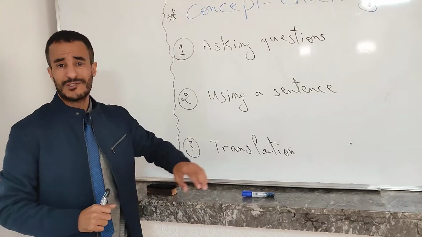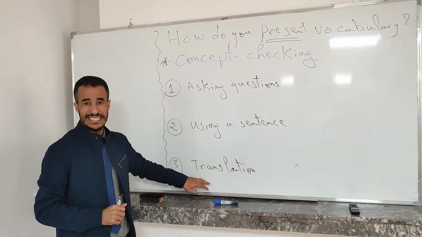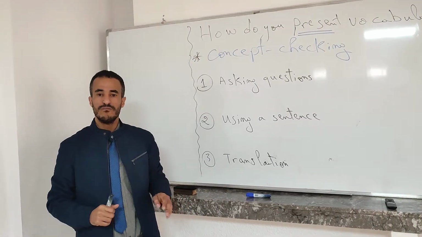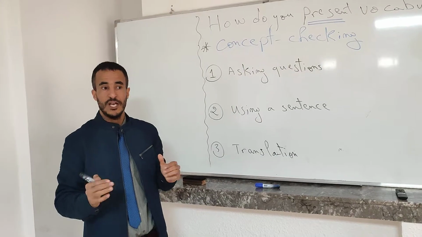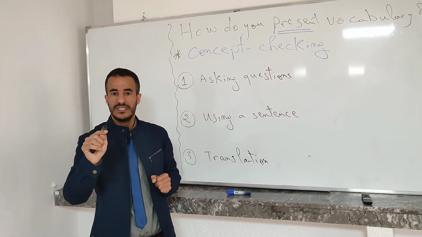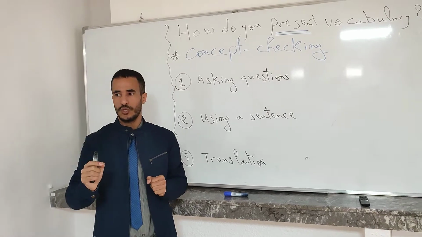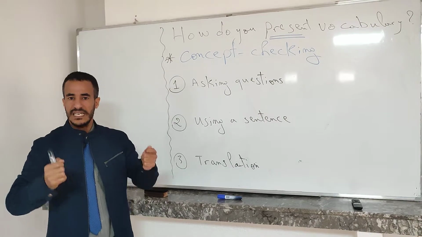Automatically the answer is yes. Number three is translation. And remember, I all the time put translation at the end. If you would like to make sure that your learners understand the words, you can say, can you put this in this language? Or can you use it in your mother tongue? Or what is this in Arabic?